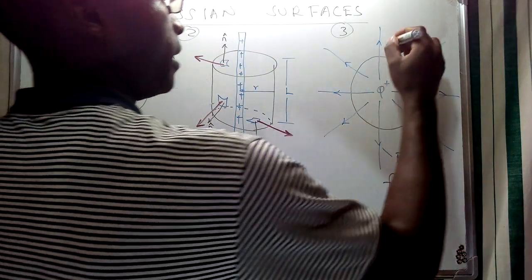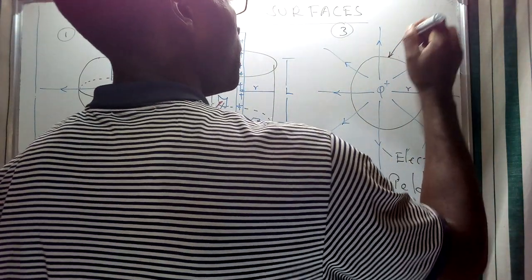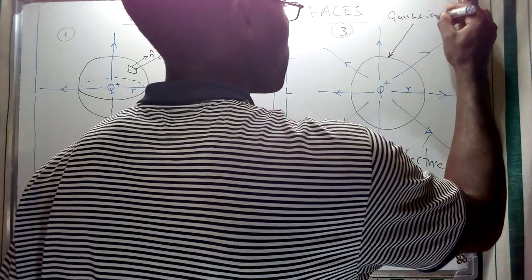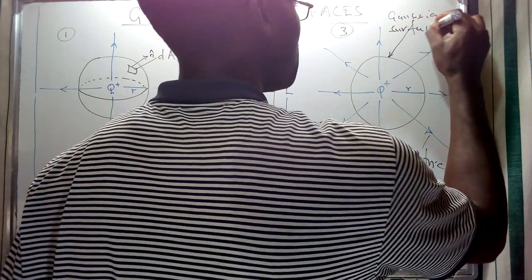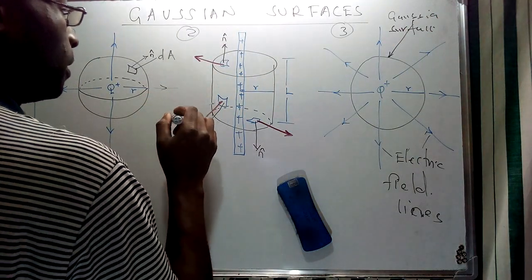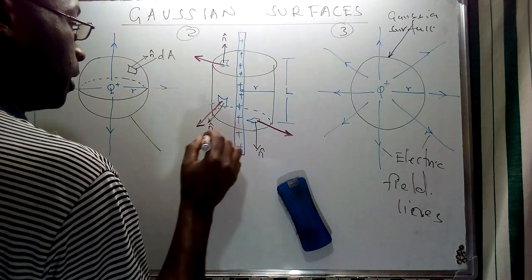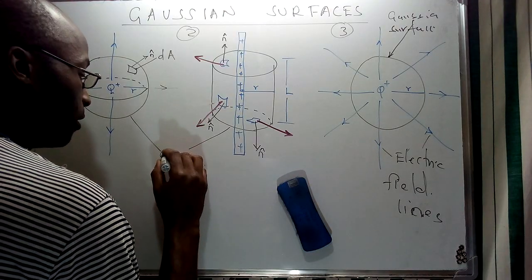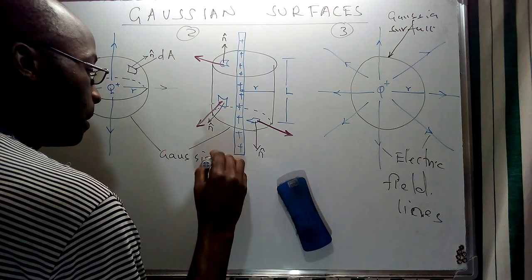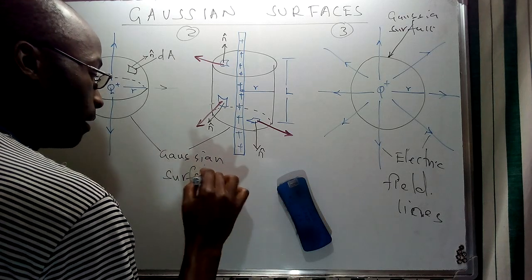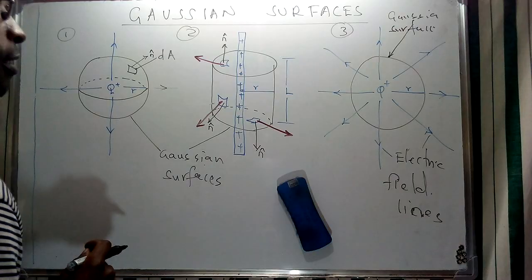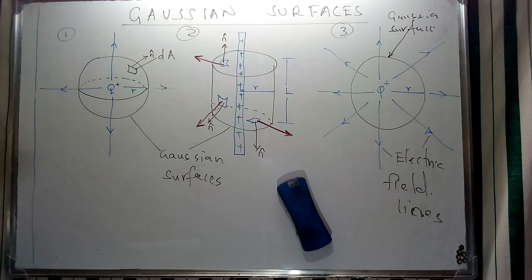This specific surface is what we refer to as a Gaussian surface. The cylindrical part and this one are appearing in 3-dimensional space, so they are going to be Gaussian spherical surfaces and Gaussian cylindrical surfaces, respectively.